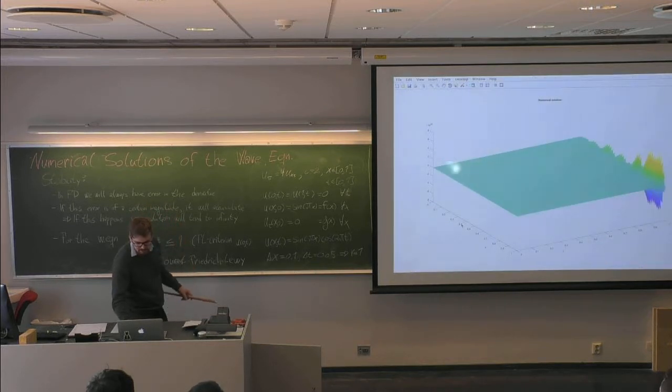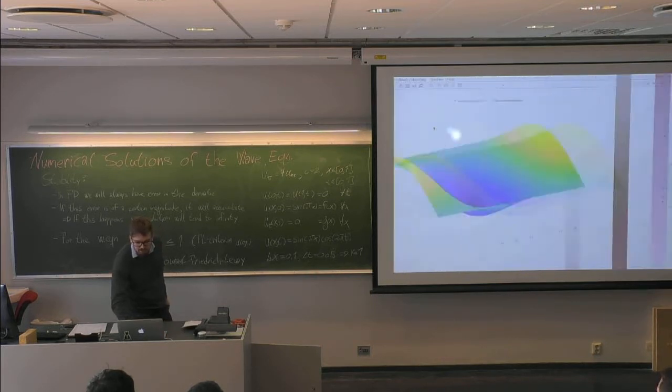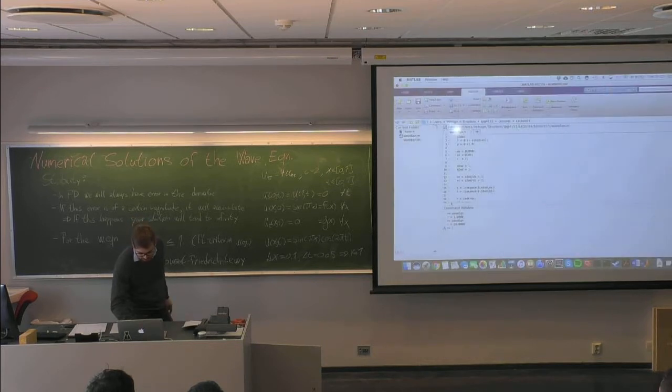This is my numerical solution, and it has just exploded. This is 10 to the infinity. So this criterion is violated completely now. It's supposed to look like this, but you also see 10 to the power of 35. So this is just exploded, and the error will just be the same. So I did this the wrong way.